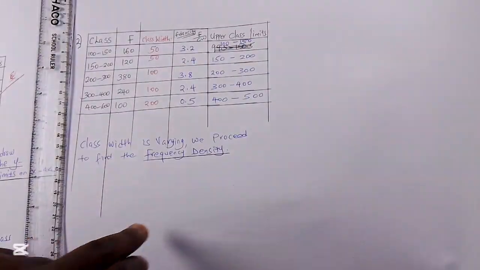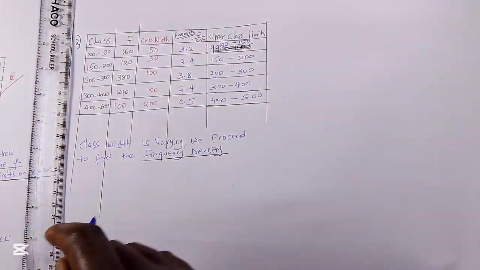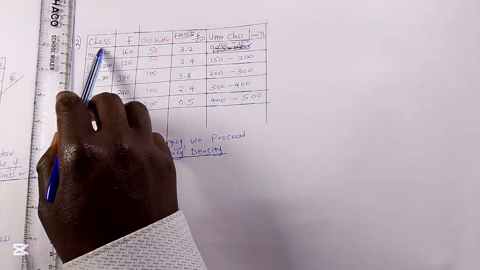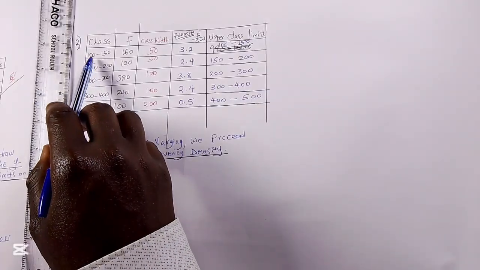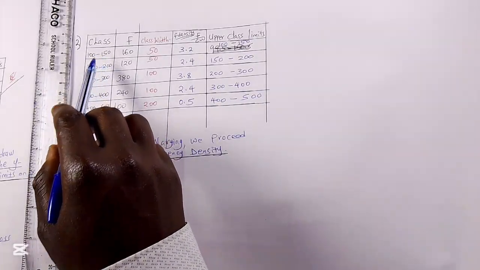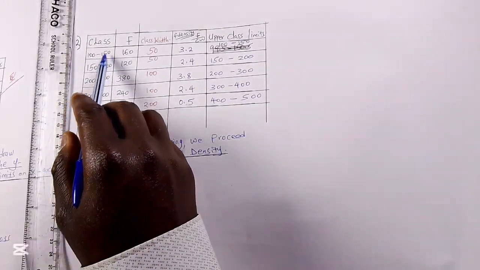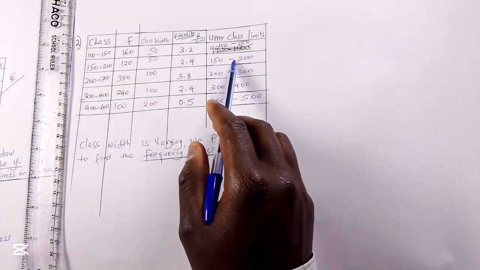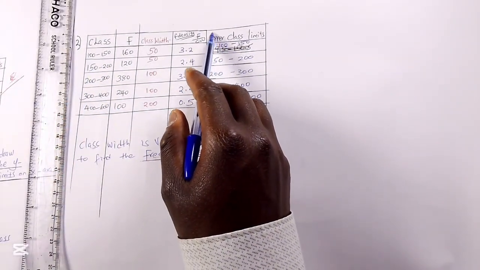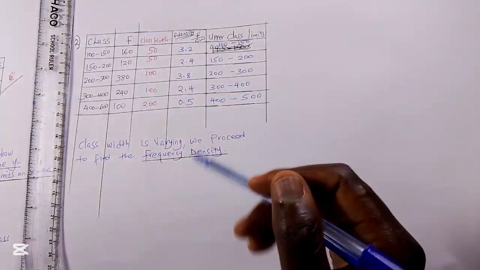Why will our limits maintain to be like that? It is because this class is not uniform. It is 100 to 150, 150 to 200. So 150 is in two classes. That is why it will remain like this.